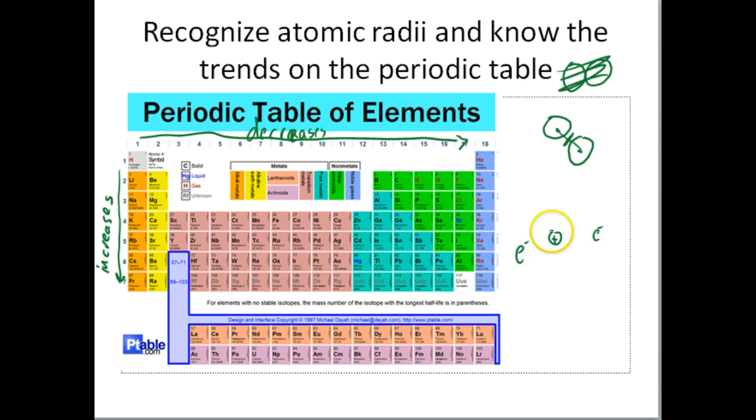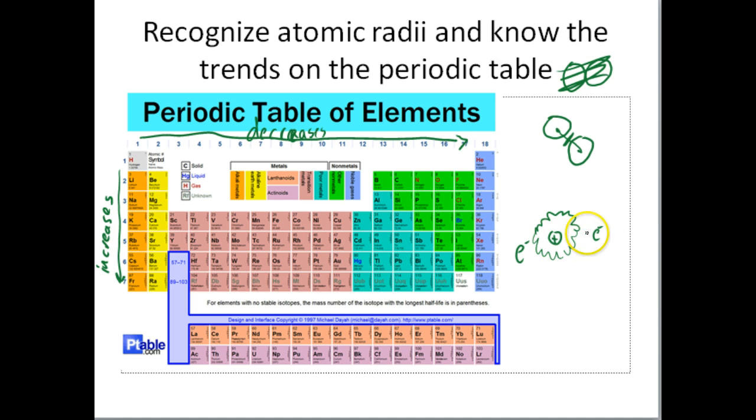So basically, the nucleus is positively charged, and it's holding on to these valence electrons. And in between, you can have these non-valence electrons shielding or blocking the pull, the positive pull on the negative charge here.